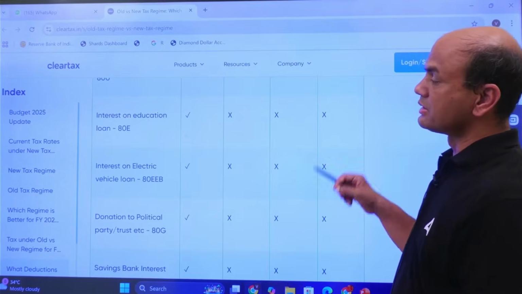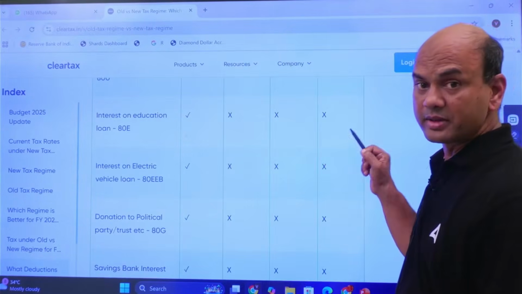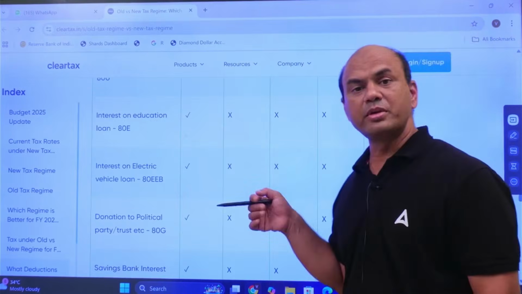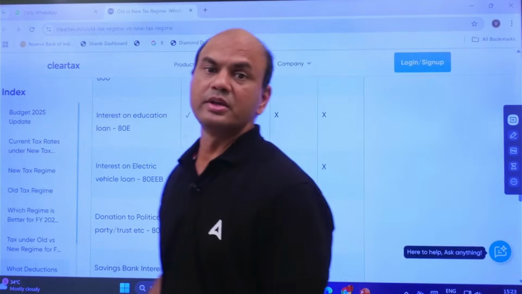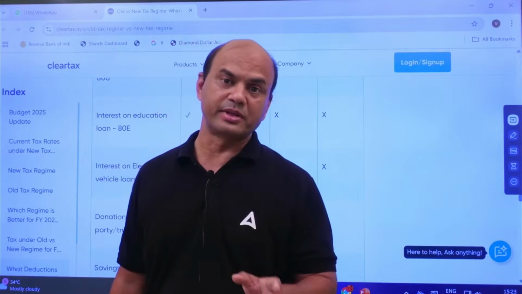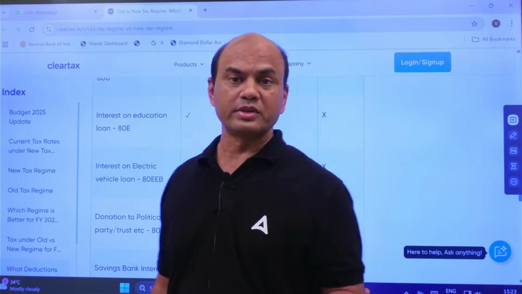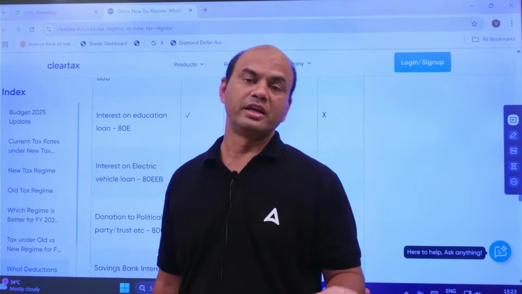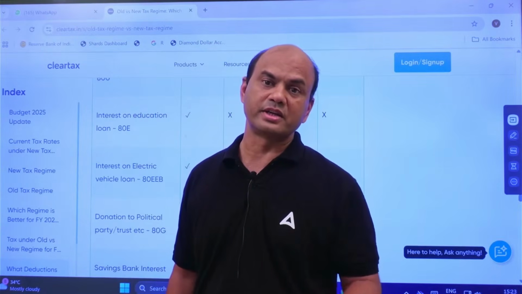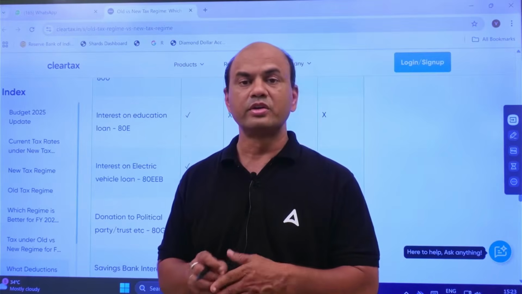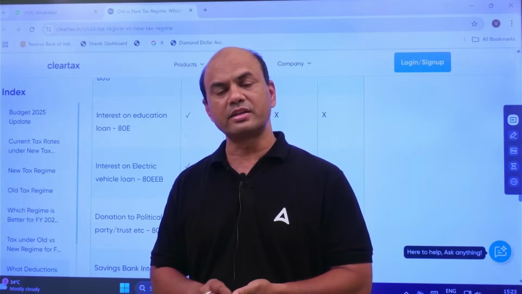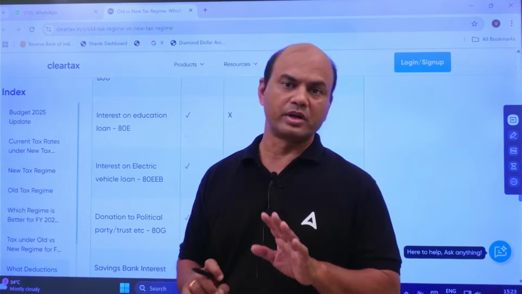It has been removed. What do we mean by not there? It means you can't claim the tax benefit on all these points. Earlier we used to claim on 80C, investment in your insurance, in your PPF. You used to claim the income tax benefit. Now you can't do it.